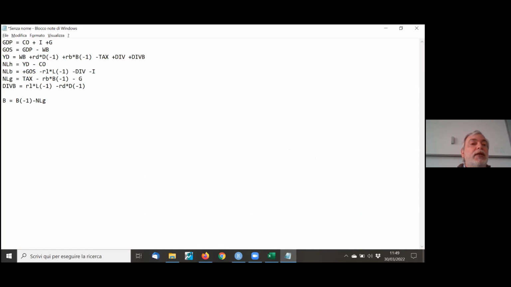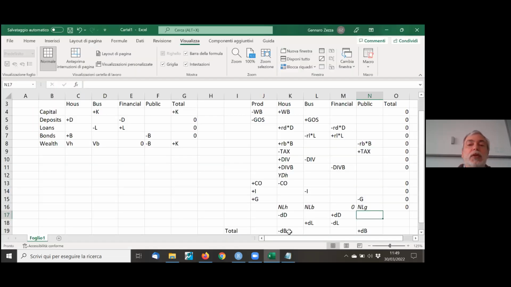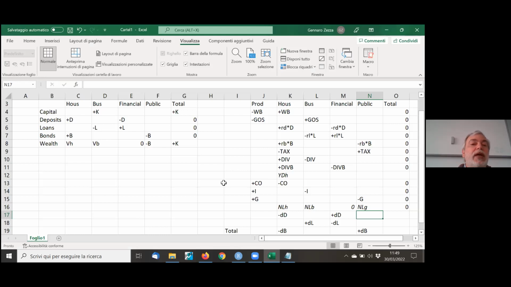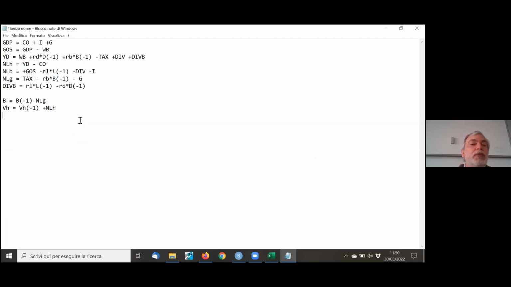and then we will have that the wealth of households must increase over time with the net lending of households. So now we have endogenized this part and this part so that the amount of deposits will be given.